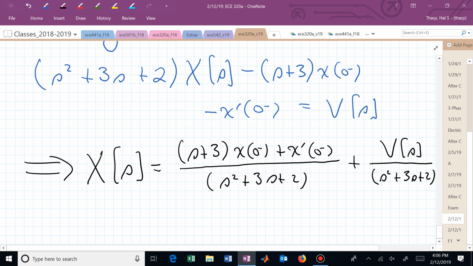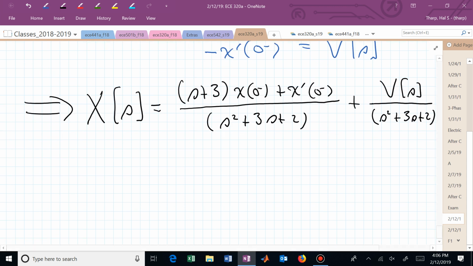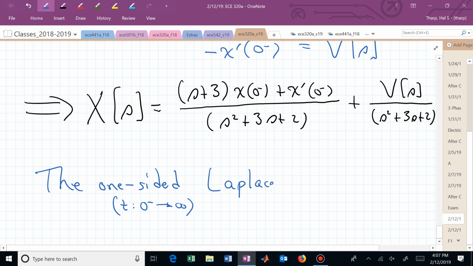Let me try to write that down. The one-sided Laplace transform is unique.